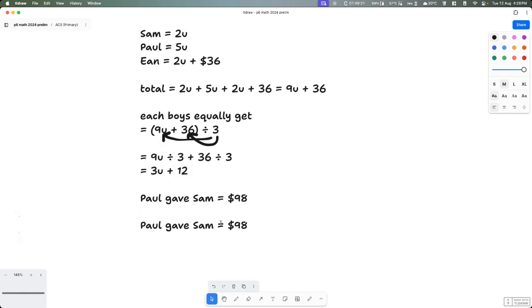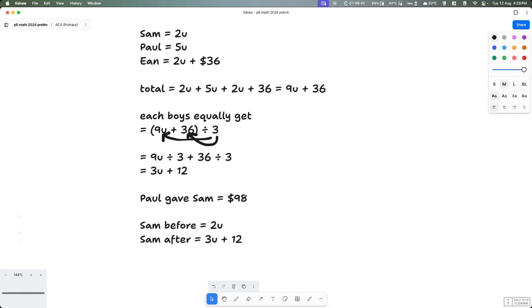So Paul gives Sam in units, which is basically the before and after. Sam before has 2 units, Sam after has 3 units plus 12.